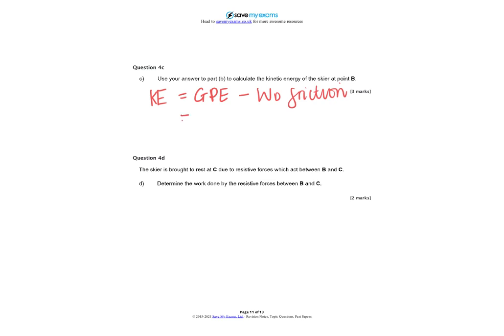So we're just going to pop in our numbers. This was in part A, the gravitational potential energy, and it was 90 kilojoules. So it was 90,000 joules, and we're going to take away the work done due to friction, which we just calculated, 20,000 joules. So it is 70,000 joules is our kinetic energy of the skier at point B.